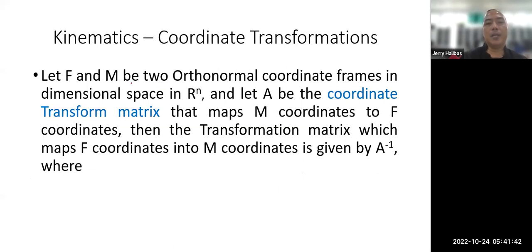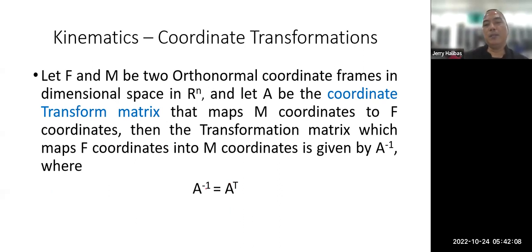So let F and M be two orthonormal coordinate frames in a dimensional space in Rn, and let A be the coordinate transformation matrix that maps M coordinates to F coordinates. Then the transformation matrix which maps the coordinates back is given by the inverse.